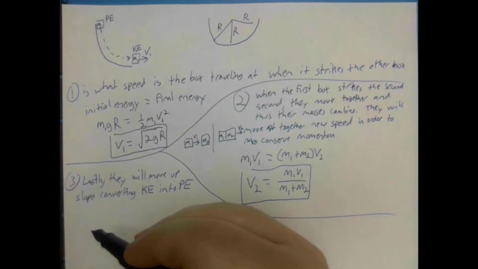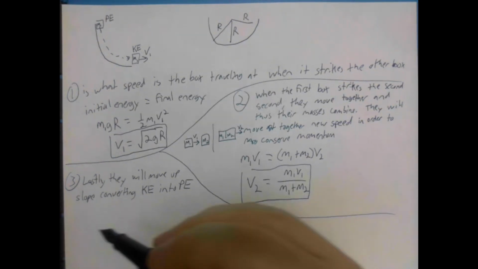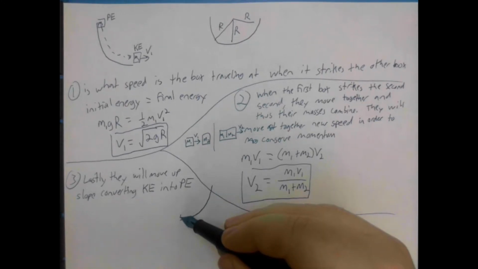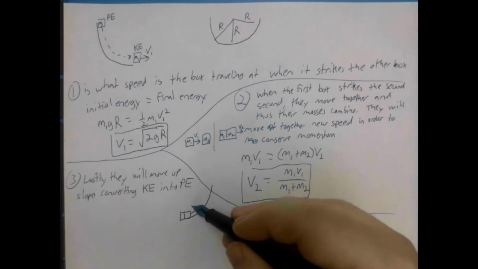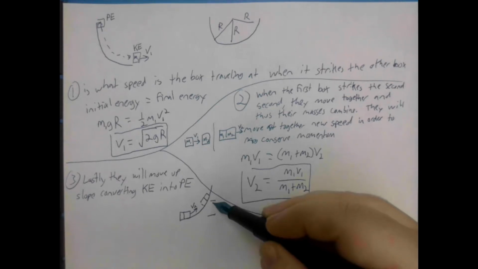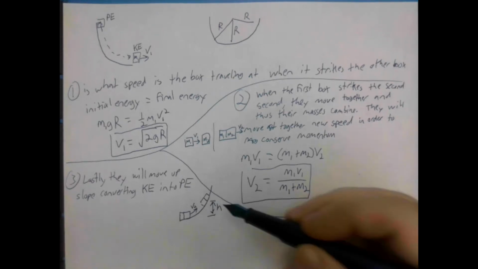So we're at this scenario where they're moving up the slope. They're moving with some v2 speed, and eventually they will reach some high point. And this high point here is the h we're solving for.